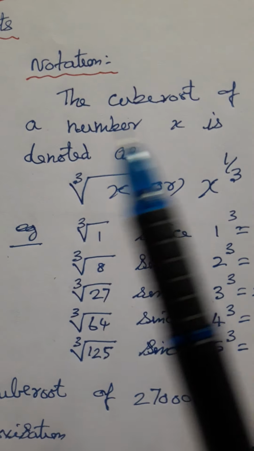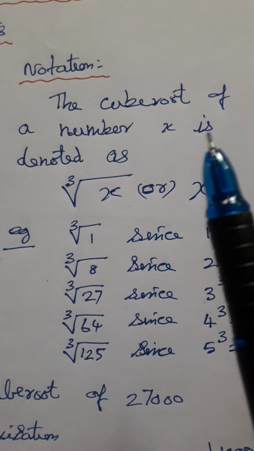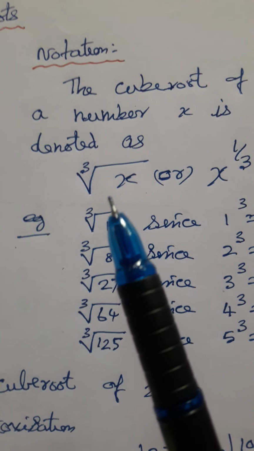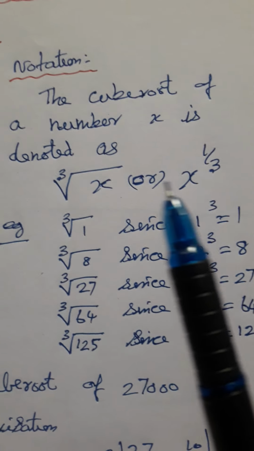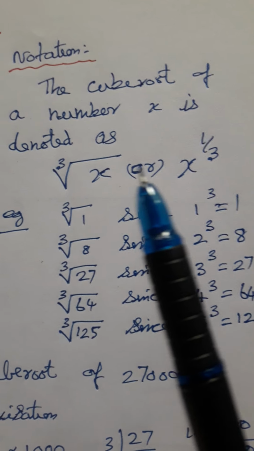The cube root of a number x is denoted by cube root of x or x to the power 1 by 3. We denote it in two ways.